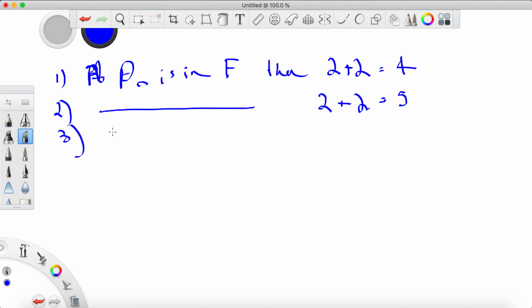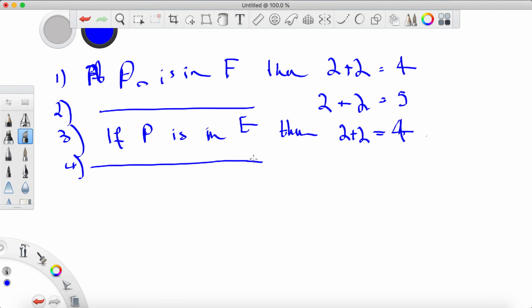How about if Paris is in England, then 2 plus 2 equals 4. And if Paris is in England, then 2 plus 2 equals 5.